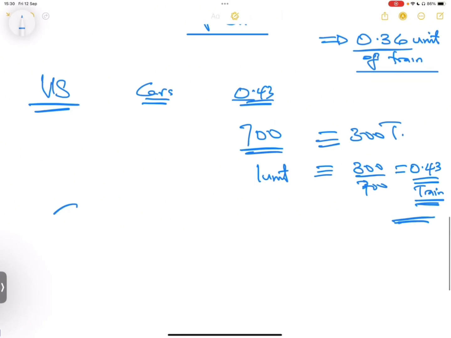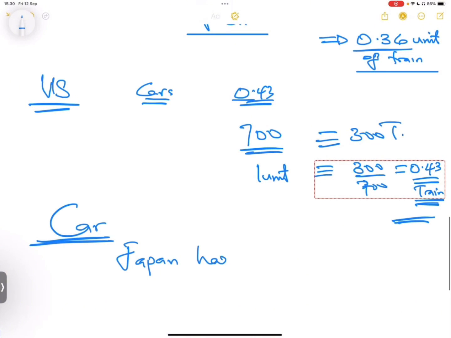So for this car, Japan has a comparative advantage.